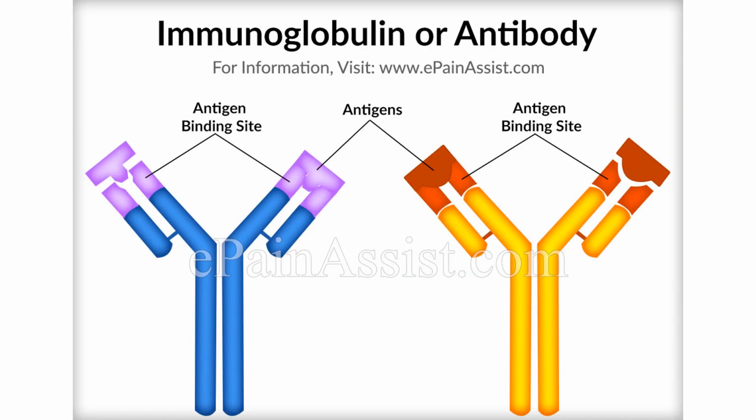This is the extensive version of these immunoglobulins. You can see that the amino terminals of both the heavy and the light chain form a pocket, and that pocket is a site for the binding of the antigens. So when antigens bind with this variable region of the light and the heavy chains, they form an antigen antibody complex.